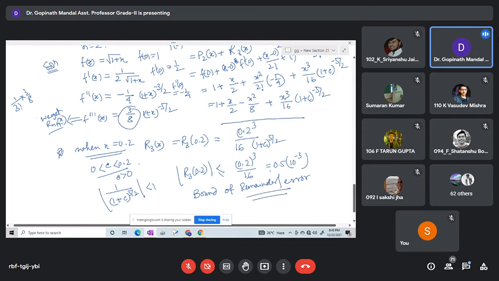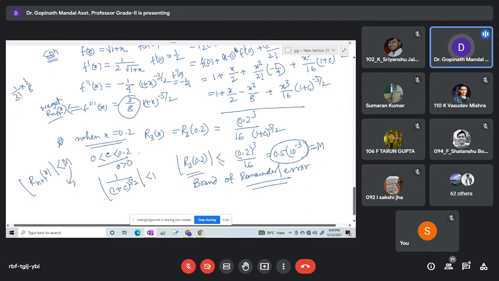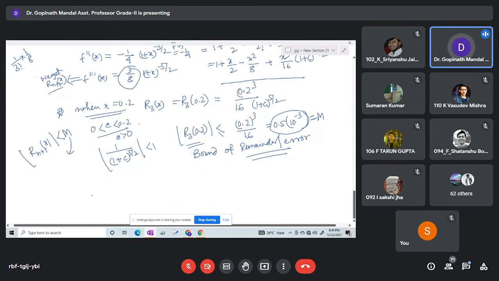Because R3(0.2) is bounded by this value, we can call this capital M. So when the modulus of Rn plus 1 of x is less than capital M, then M will be called the bound of error at x equal to a.